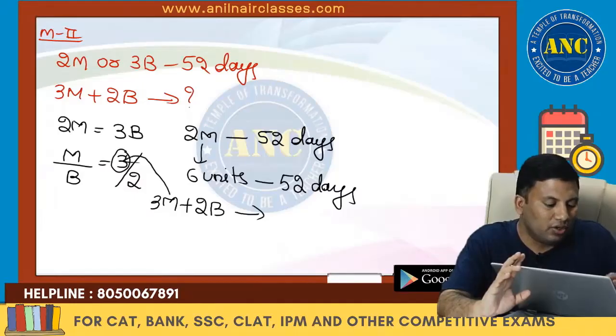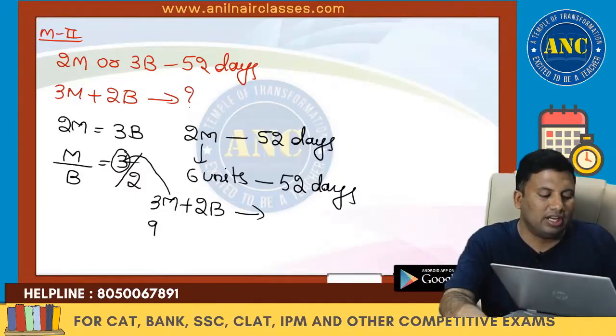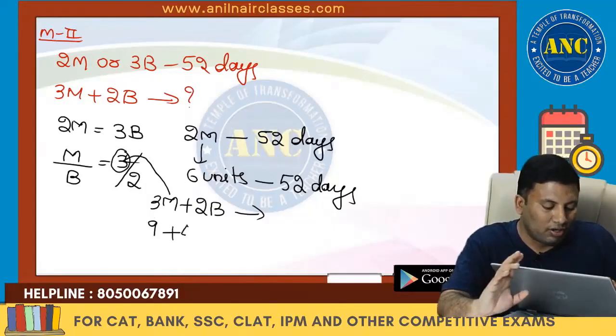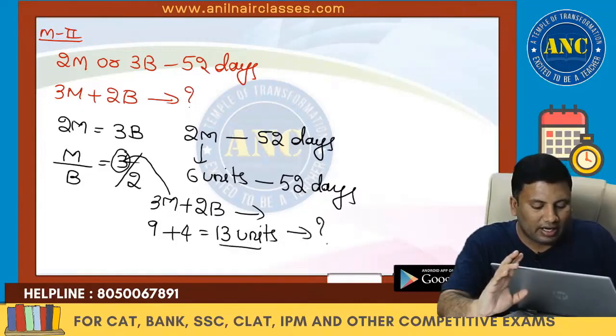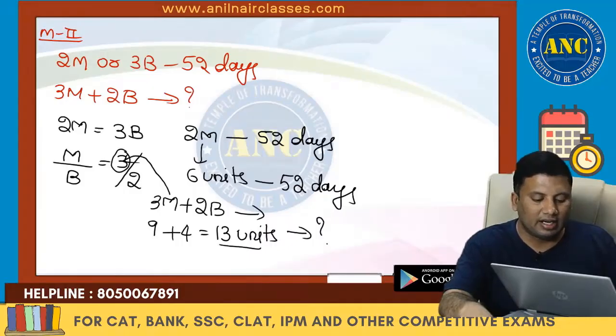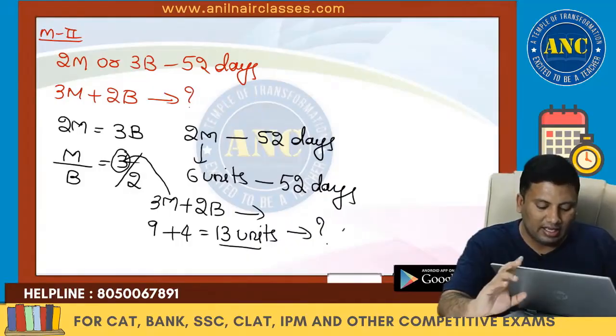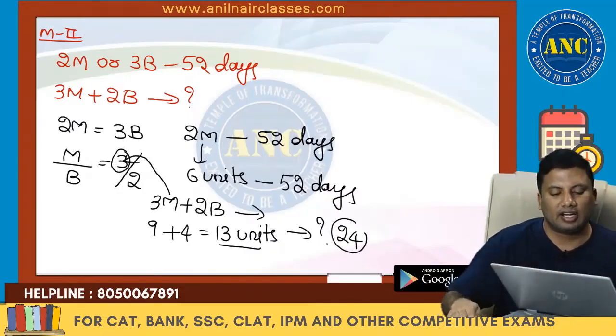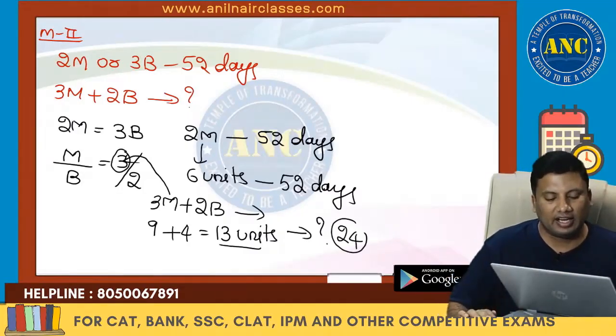Each man is doing 3 units, 3 into 3, 9, plus 2 into 2, 4, it is nothing but 13 units. 13 units work can be done in how many days? From there, easily answer is 24. I hope it is clear.